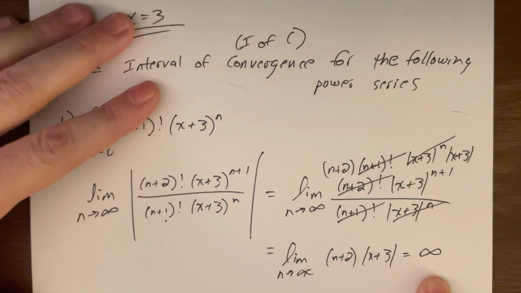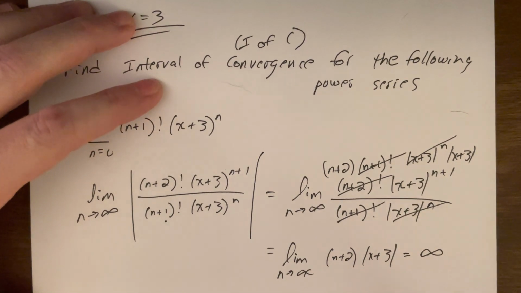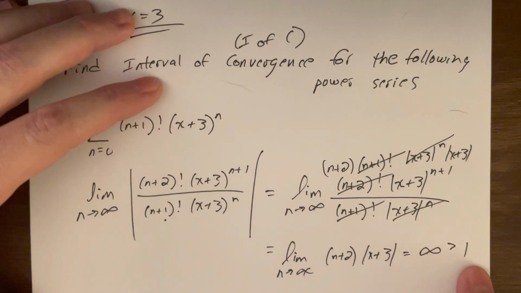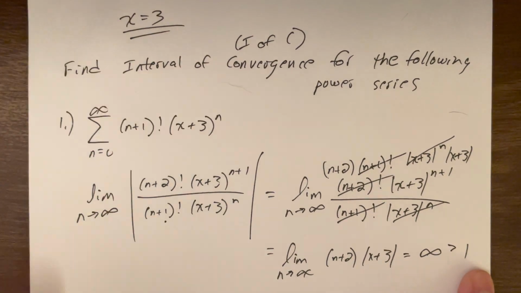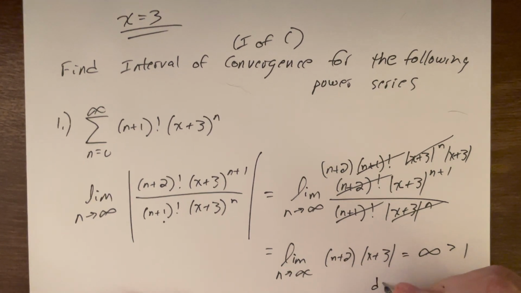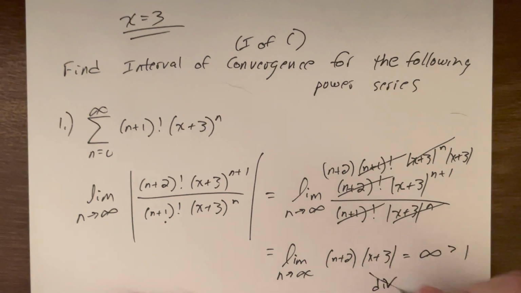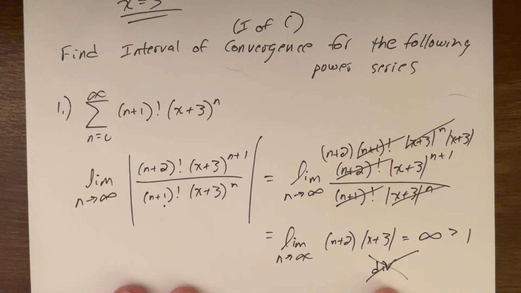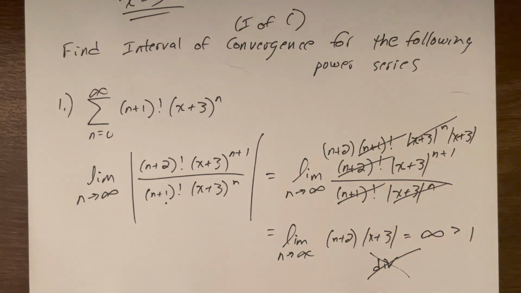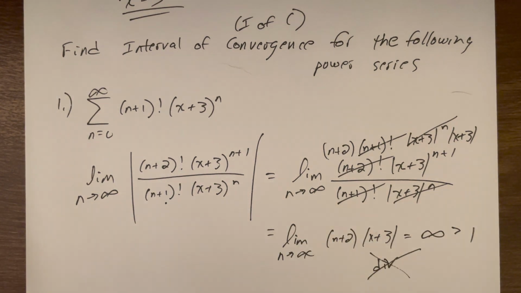And now in a normal ratio test, we would say, well, infinity is greater than 1, and we would conclude diverges. But we can't make that conclusion. We keep going back and emphasizing there is no conclusion diverges here.